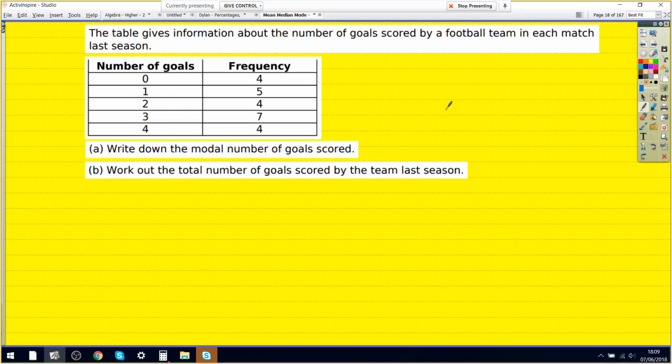Goals scored in football matches. What's the modal number of goals scored? 3. And then total goals scored in all the football matches.